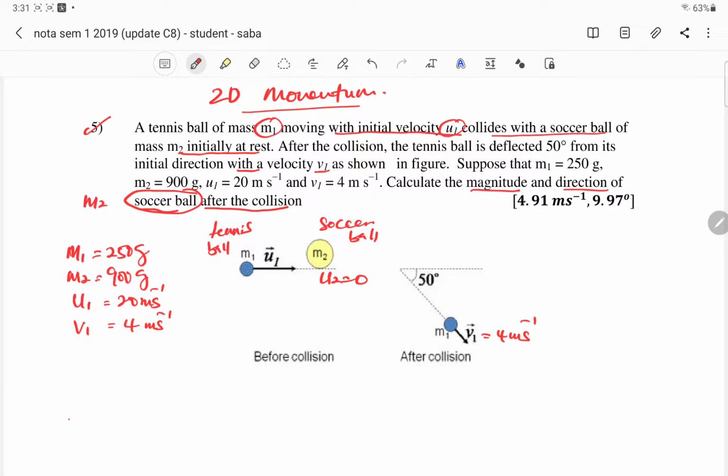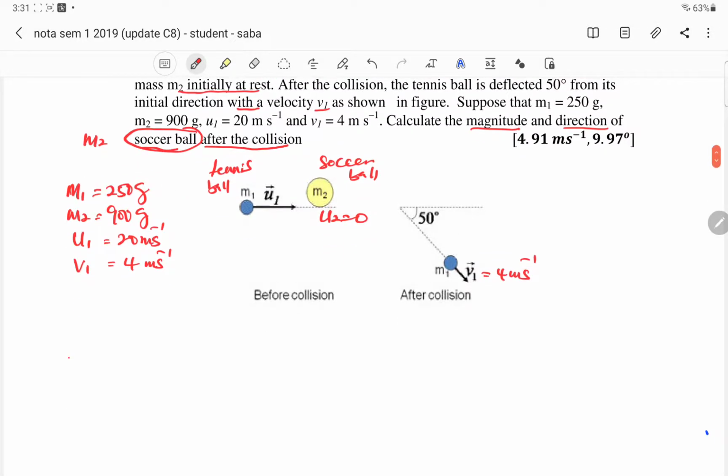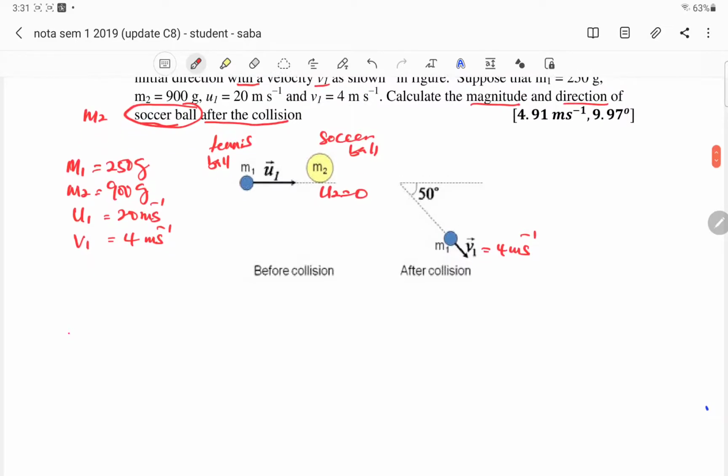So to find the magnitude and direction of the soccer ball, we have to resolve into two components. Because this is a two-dimension collision, we have x component and y component. For x component, we have summation p initial x equal to summation p final x.